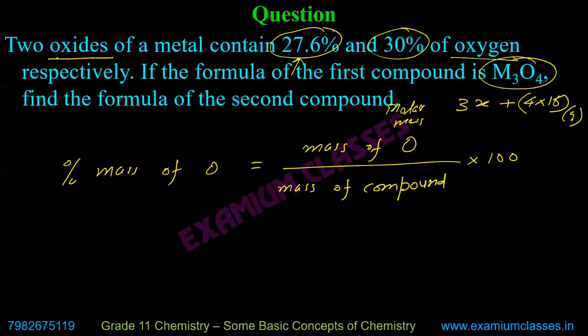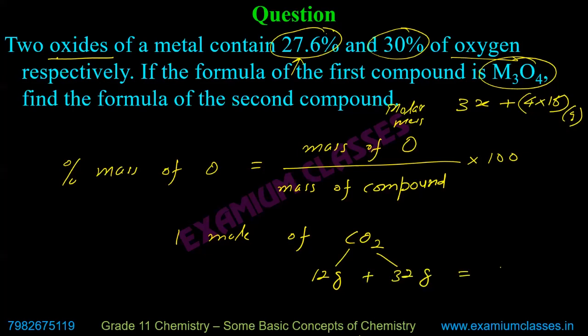If we don't consider the chemistry, the mass percent will be mass of oxygen divided by mass of compound into 100. But suppose we assume we have 1 mole, and I am just giving you an example, 1 mole of CO2. Then 1 mole of CO2 will have 12 grams of carbon and 2 into 16, 32 grams of oxygen.